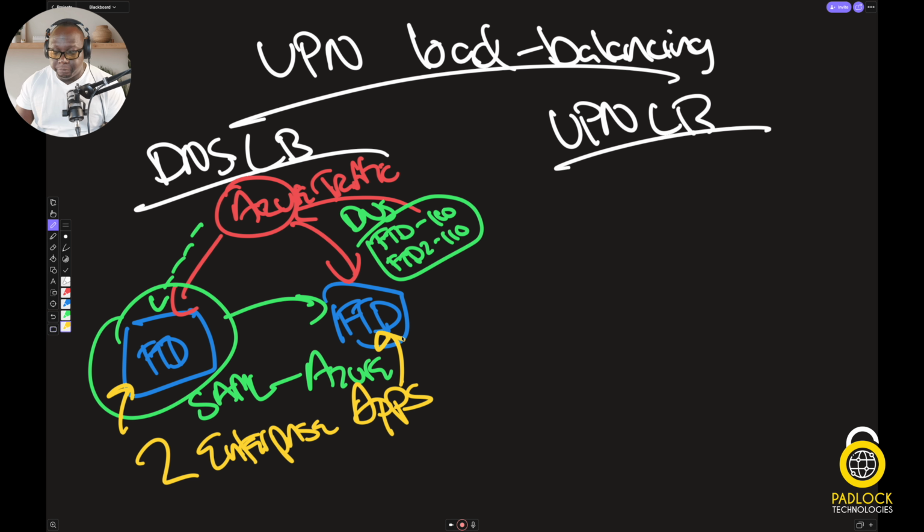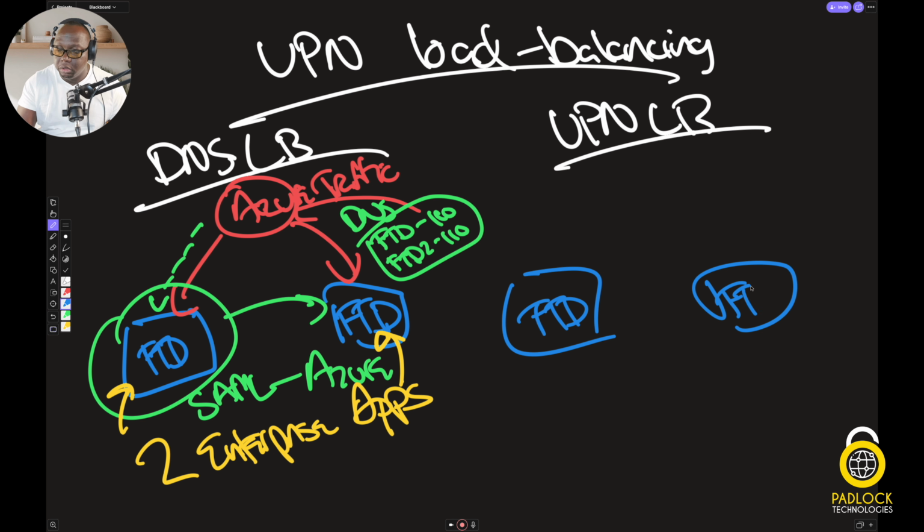The second way is traditional VPN load balancing. So what that looks like is same scenario, two FTDs, all right? And what they're going to do is share a VIP between the two on the outside, right?